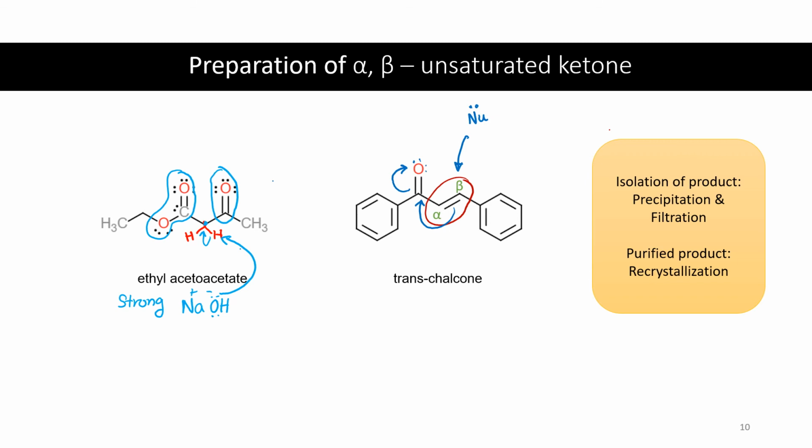That makes the beta carbon more electrophilic, and therefore that's the site for nucleophilic addition. So this is where we did the Michael addition reaction and aldol condensation. So practice a few of those kinds of reactions so you know how to predict the product, or predict the reagents if you're given the product.